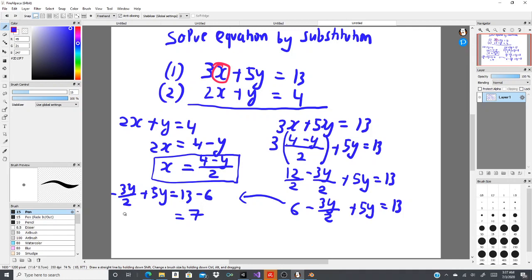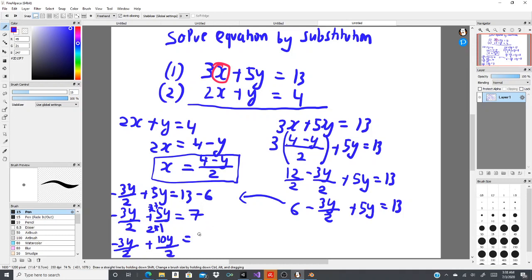To do that, we need to use a rule in division by multiplying the numerator of 5 divided by 1 by 2, and then multiply the denominator of 5 divided by 1 by 2, and then we get minus 3y divided by 2 plus 10y divided by 2.